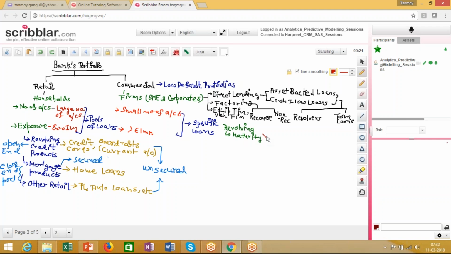The maturity of the product does not exist. But the only condition is that there is a limit to the amount of credit that you can use on this particular card or on this particular instrument.